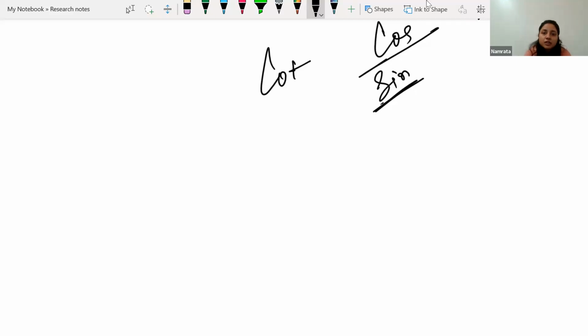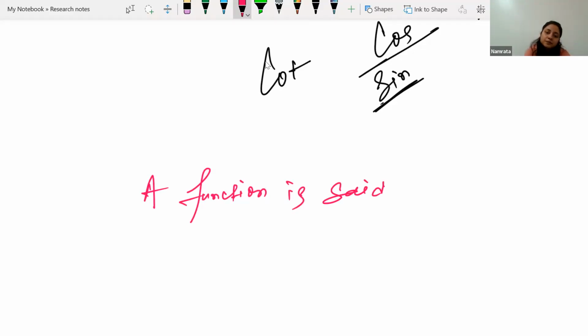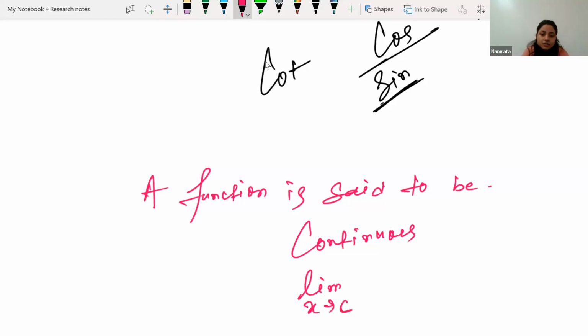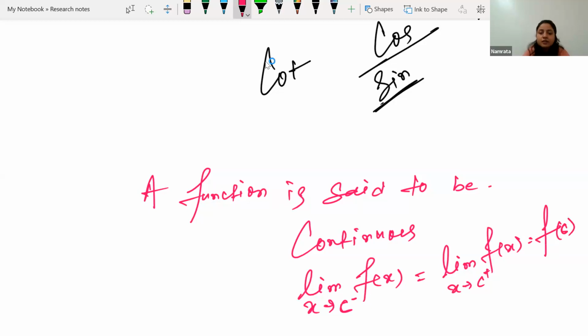Now the definition. There is a concept which says that we can check the continuity of any function. A function is said to be continuous if, let's say c is a certain point, the limit as x tends to c of f of x, the left hand limit, is equal to the right hand limit, is equal to the function value at the given point.